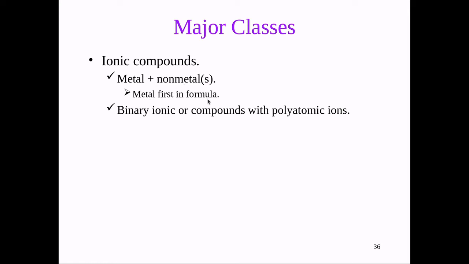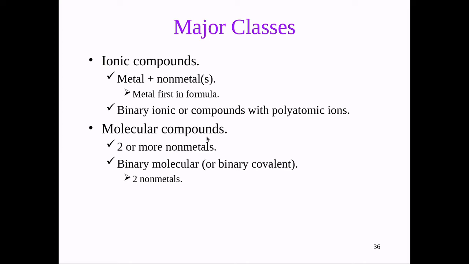And the metal will be the first thing in the formula. So whenever you see a metal, the first thing you should say is, oh, this is an ionic compound. And then you can think about if it falls into one of these two groups here. Is it a binary ionic, meaning there's no polyatomic, or is it one that actually has a polyatomic in it?